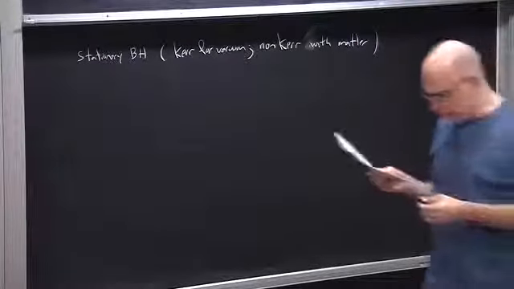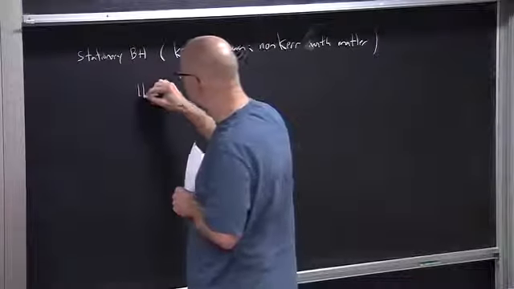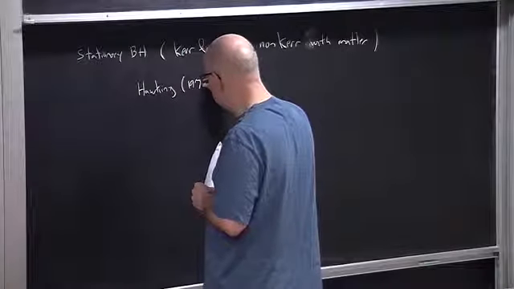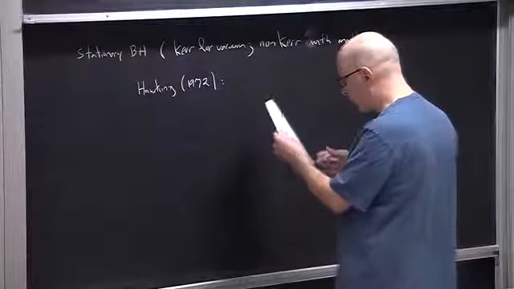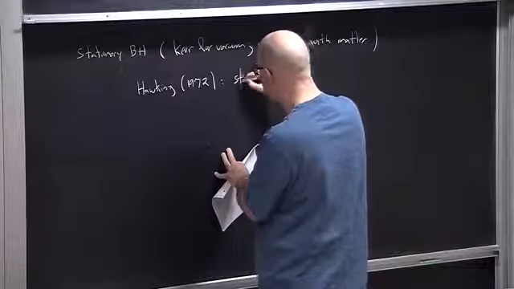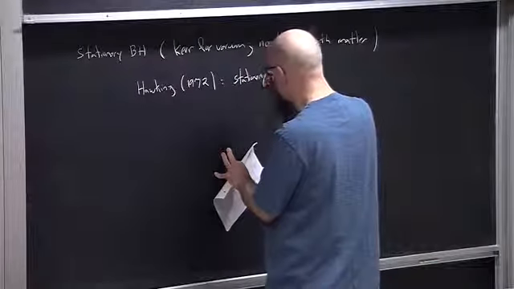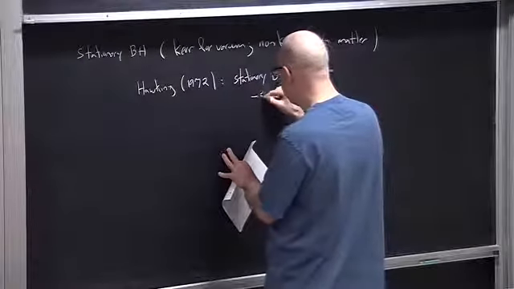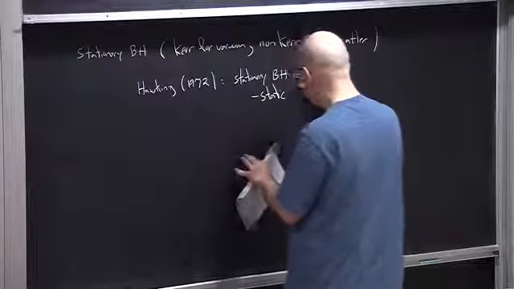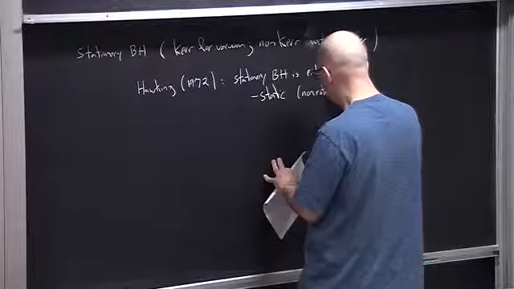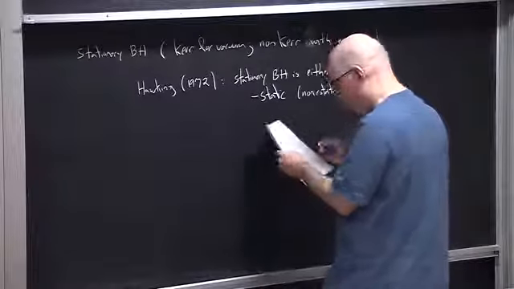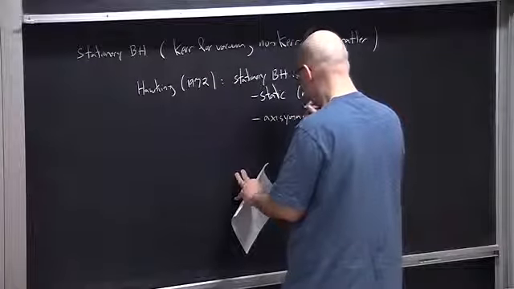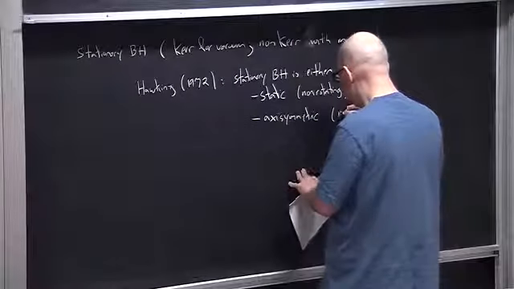There's a theorem from Stephen Hawking going back to '72 that says that a stationary black hole is either static if it's non-rotating, or axisymmetric if it's rotating.